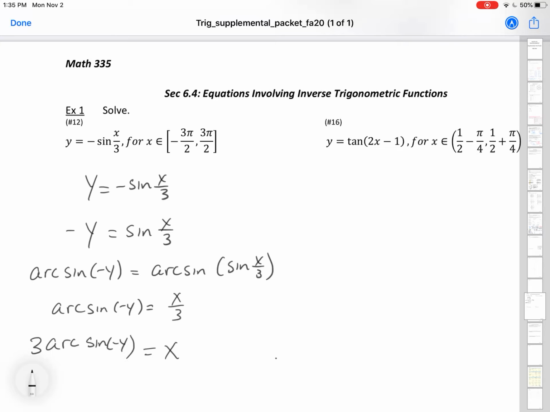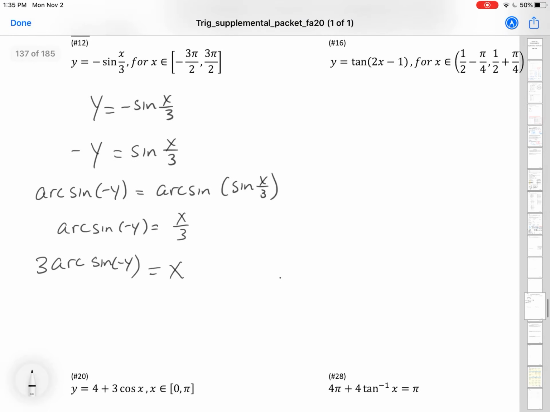We never know what x was until we knew what y was, so it's got to be solved in general like that. Something should have caused you to freak out and say, hey, how did you know you could do that? That is this arc sine operating on the sine, because if you remember from our previous sections, I think in 6.1, arc sine of maybe something like 5 pi over 6 is not 5 pi over 6.